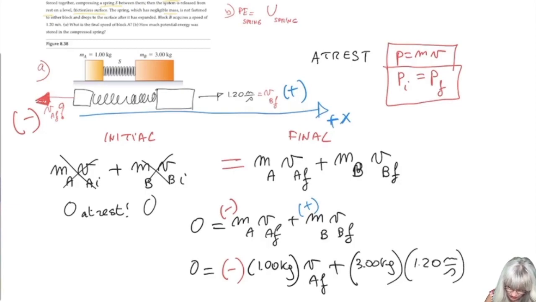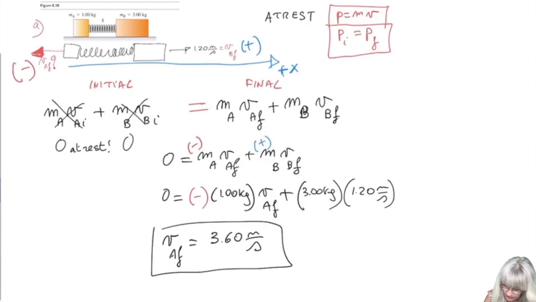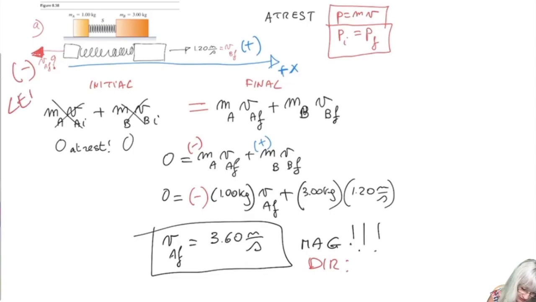So if you solve for V of A final, you obtain a value that is 360 meters per second. This is the magnitude of A. How about the direction? Well, as you see above, right here, it is to the left.